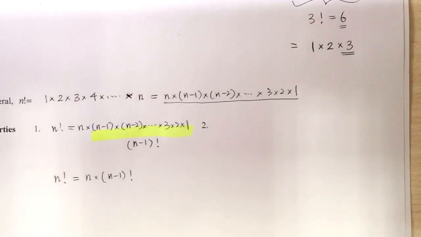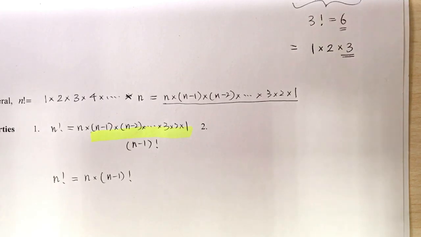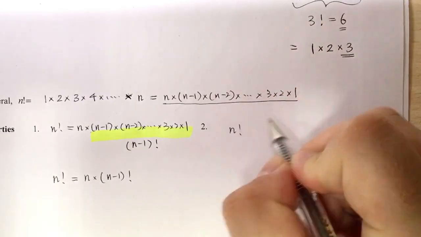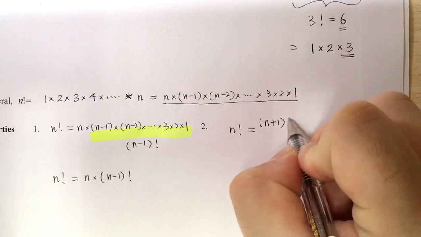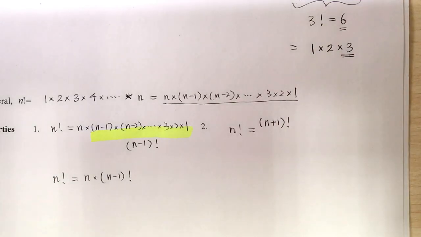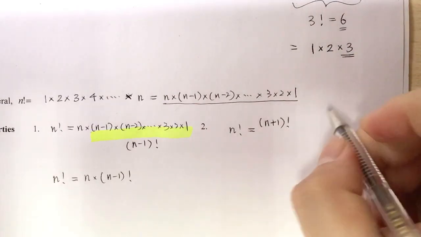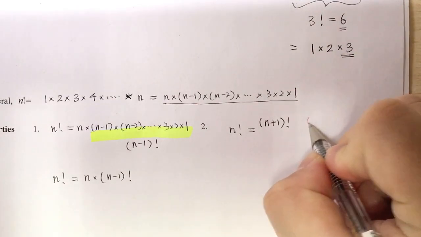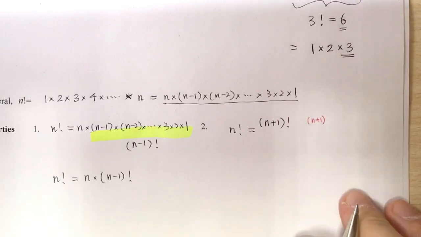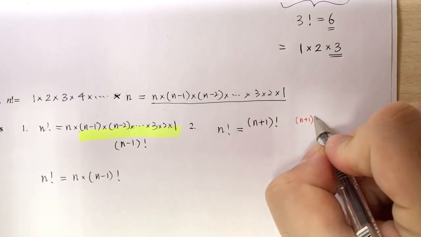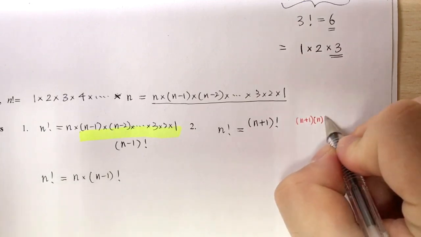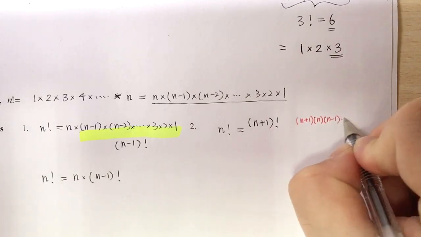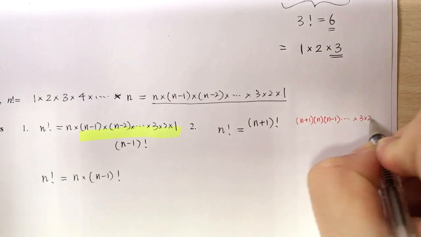Second, we can also rewrite n factorial starting from n plus 1 factorial. What's n plus 1 factorial? n plus 1 factorial is to start with n plus 1, and multiply by 1 unit smaller each time, and so on up to 1.